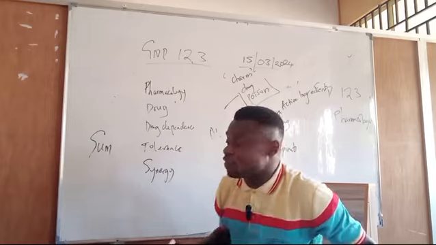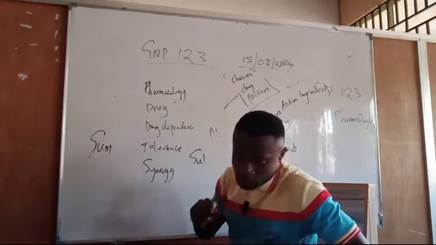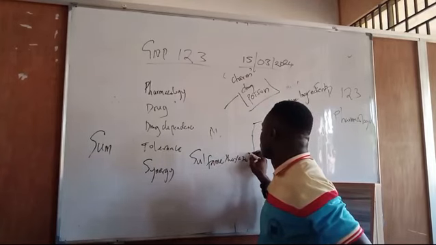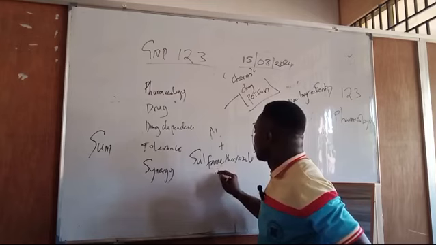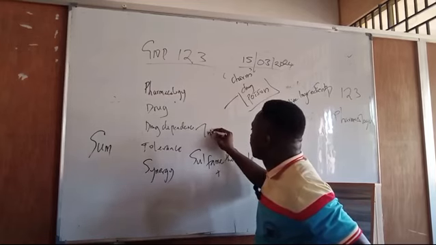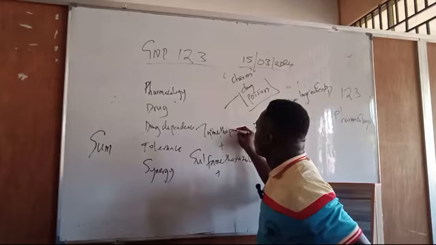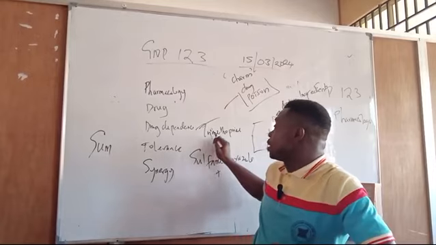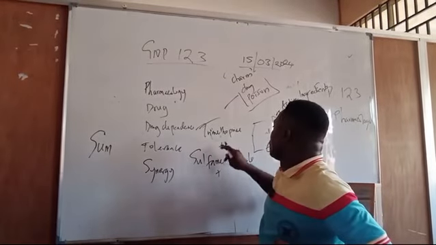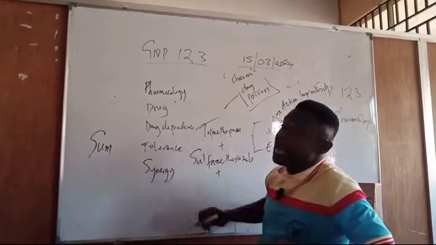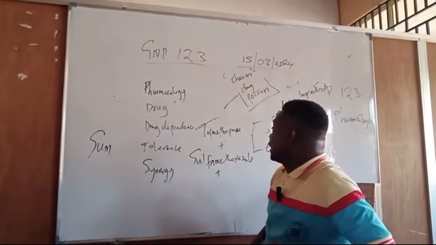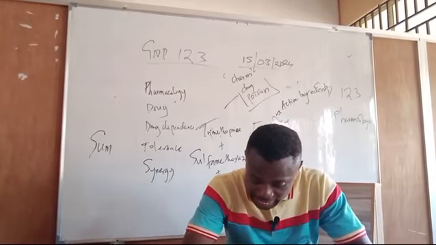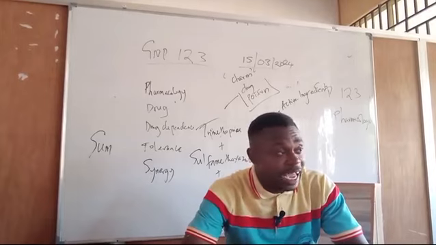Septrin has two drugs: sulfamethoxazole and trimethoprim.